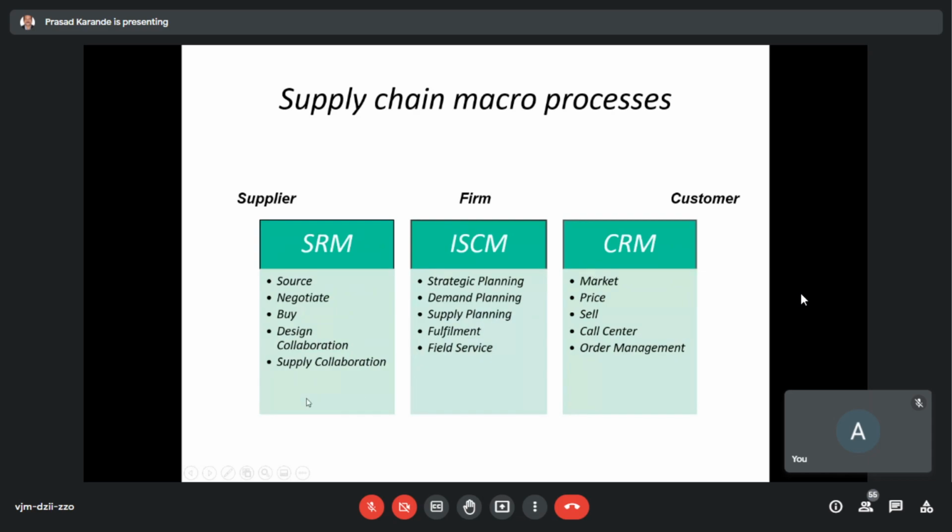But that network will be taken care of during these macro processes. So the first process in which these processes are classified is supplier relationship management.